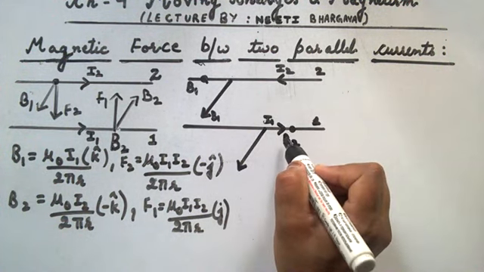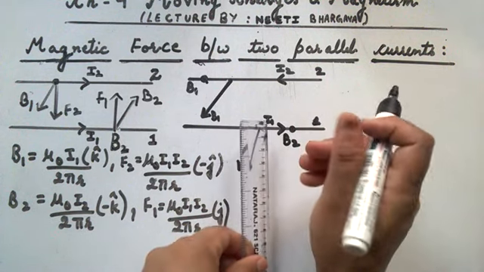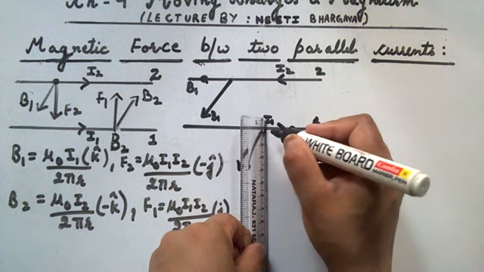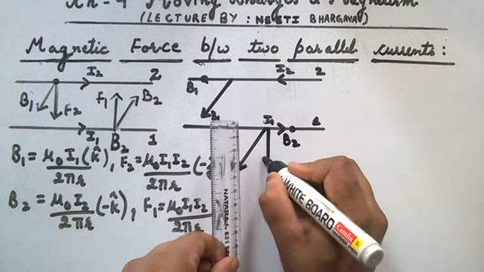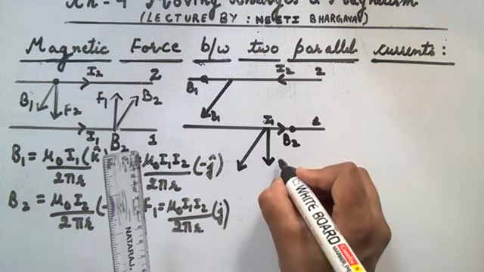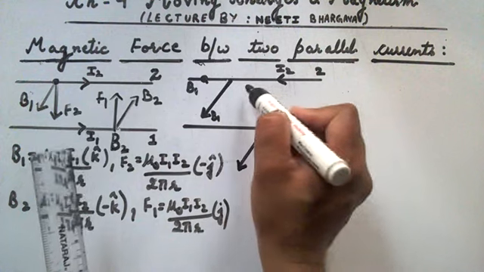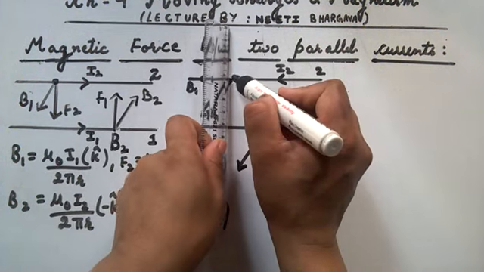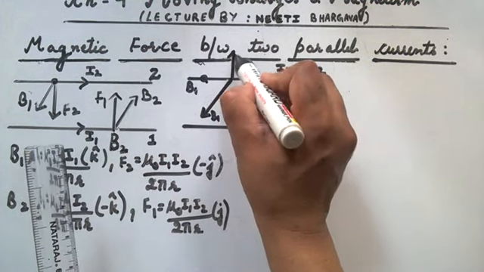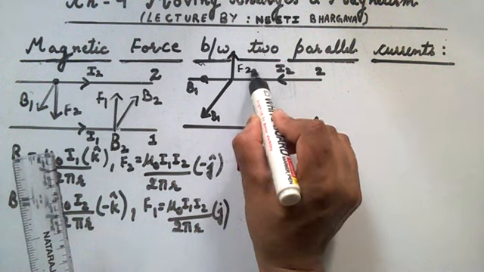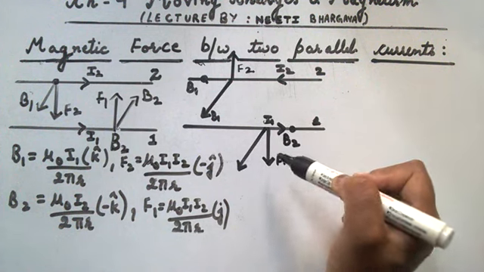On the first wire, on applying right hand palm rule, the direction of force is away from the second wire, that is along negative y-axis. Here on applying right hand palm rule, the direction is also away from the first wire, that is along positive y-axis. This is F2. That is, here we can see that both the wires are moving away from each other.